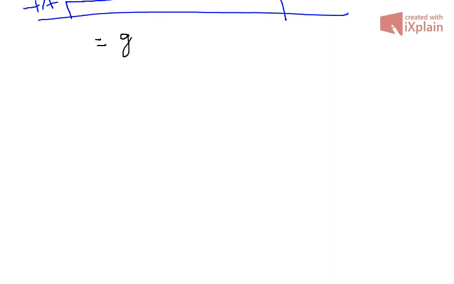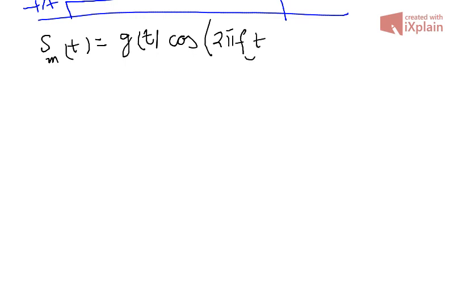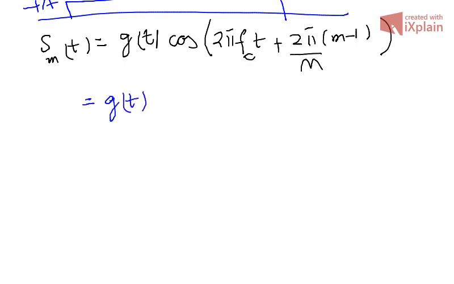We say that our signal Sm of t is g of t times cos of 2 pi f c t plus 2 pi (m minus 1) over M. You can also rewrite it in this form: g of t times cos of alpha plus beta. It's in the form of cos of alpha plus beta.